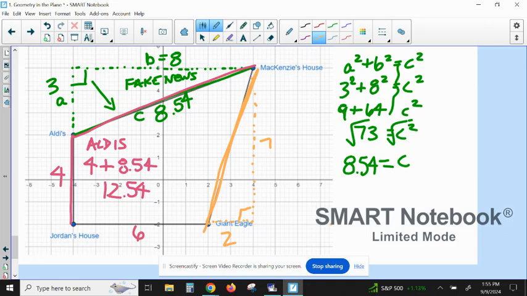Okay, are you doing the Pythagorean theorem again? A squared plus B squared equals C squared. Who's A, B, C in this one? 2 is A, sure. What's the 7? B, because this side has to be the C, right? The side opposite the right angle. So we have 2 squared plus 7 squared equals C squared.